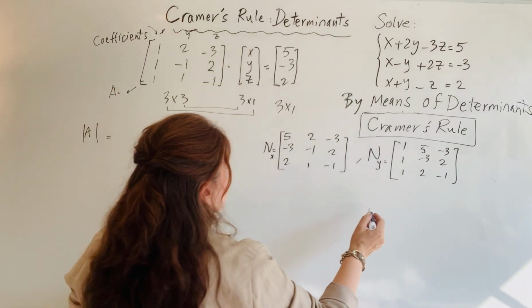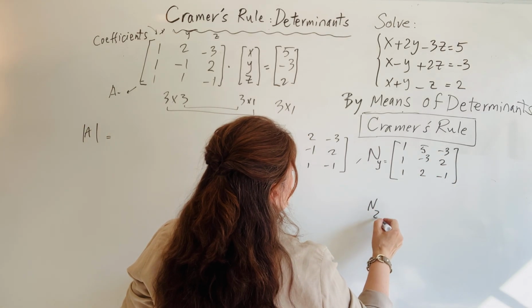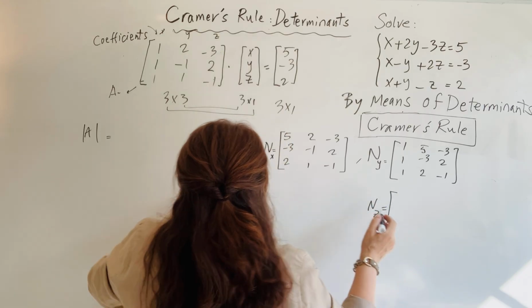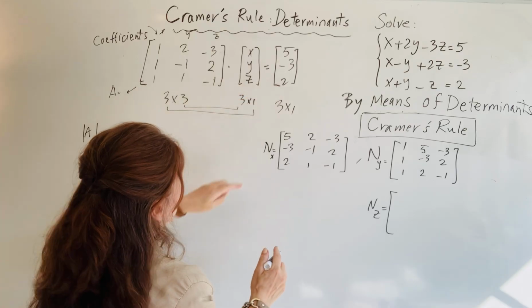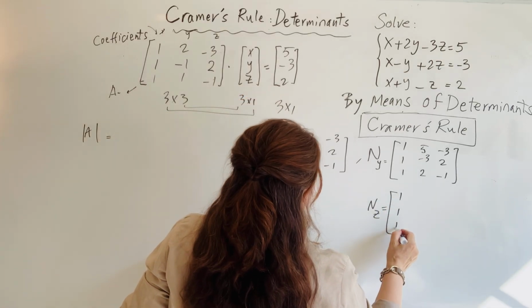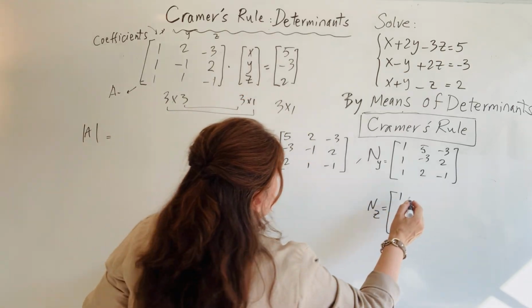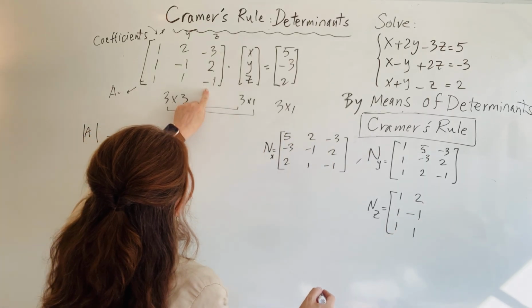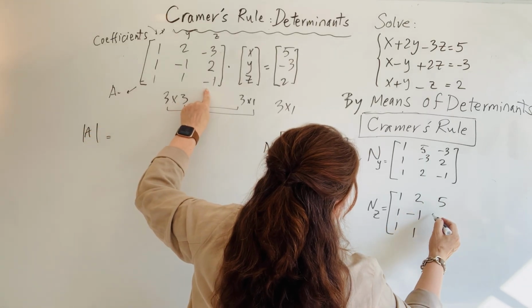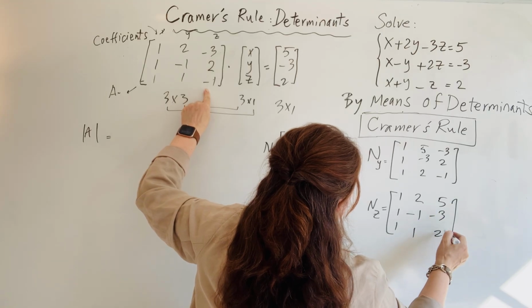The third one is N of z. Everything is the same, but for z we replace that column with the constants 5, negative 3, 2.